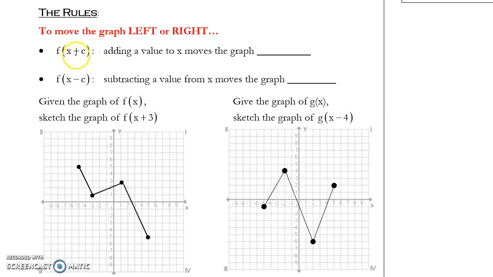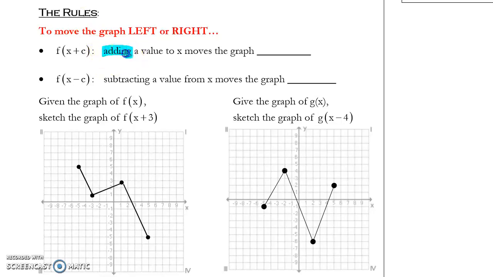So I would be either adding a number to my x value or subtracting it directly to the x value. So we look at the function this way, f of x plus c. Now, it's a little bit more confusing than you might think, because we normally think that if we are adding, then the rule is that's positive, we go to the right.